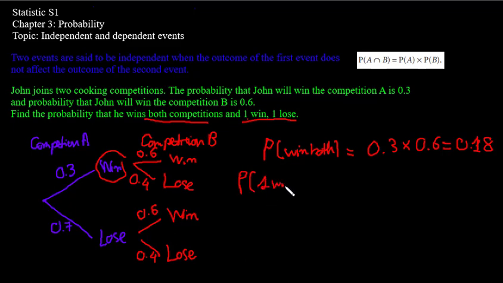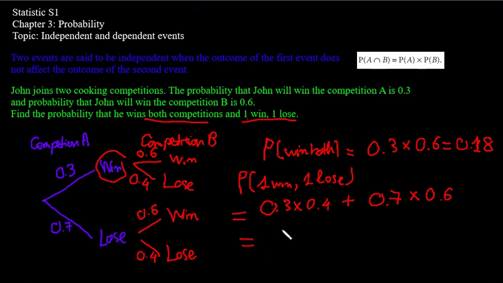One win, one lose equals the probability that he wins A and loses B, 0.3 multiplied by 0.4, plus the probability that he loses A and wins B, 0.7 multiplied by 0.6, equals 0.12 plus 0.42 equals 0.54.